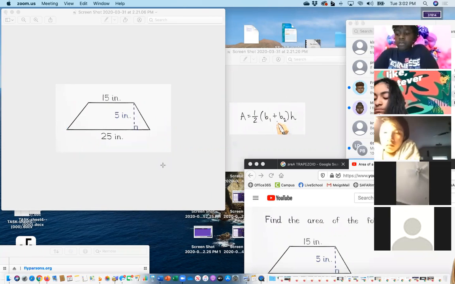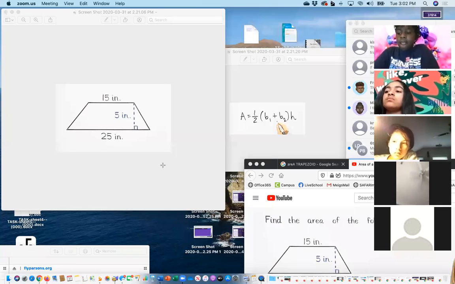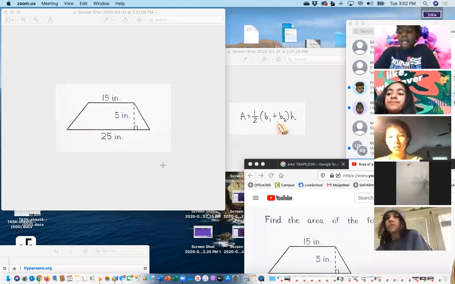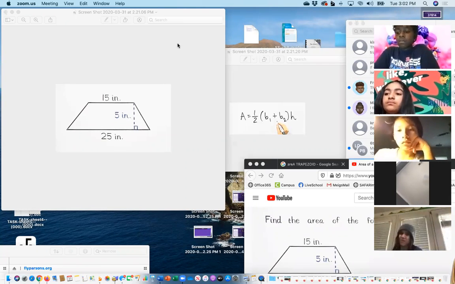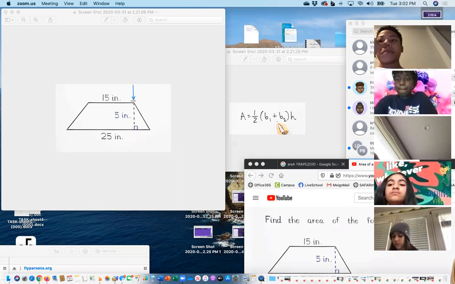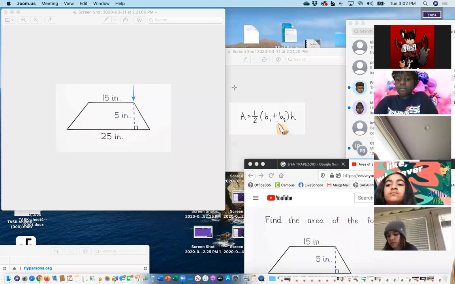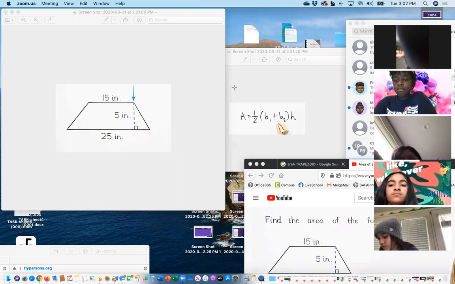So next question: does anybody see anything particularly important about this part? That part. Does anybody see anything particularly important about that?